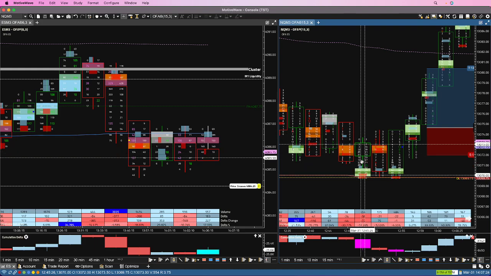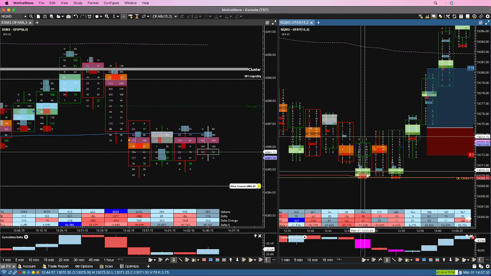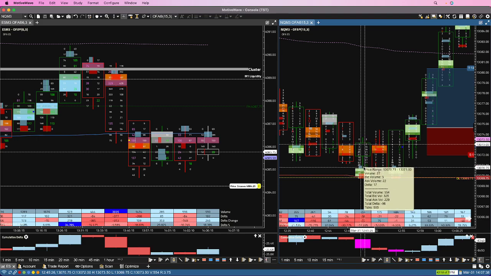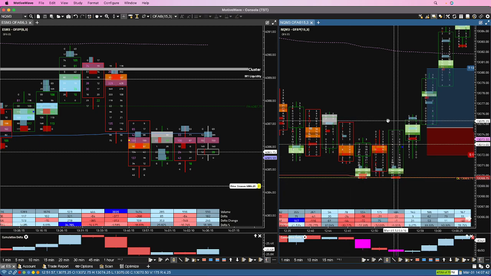This could also be a very good setup because we have trapped sellers, a strong bullish cluster, strong buyers' aggression, but we don't have a break of structure and we don't have volumetric engulfing.